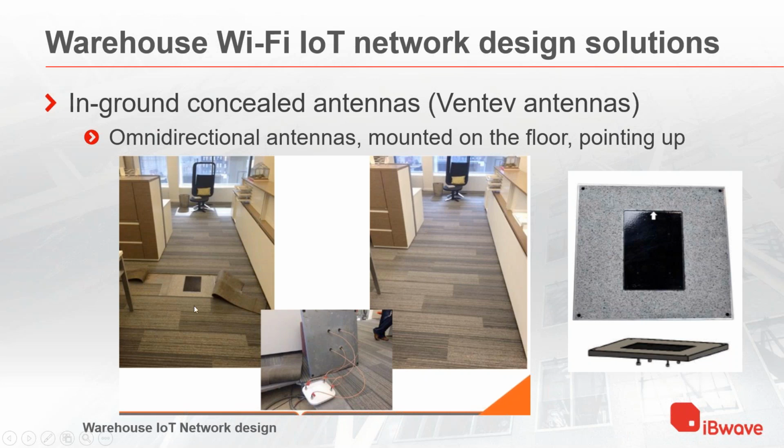This is a very neat trick, and it could be used in a warehouse. The only problem is that there are forklifts milling around. If your forklift just happens to park itself above a Ventev antenna, then you won't have coverage until the forklift moves.